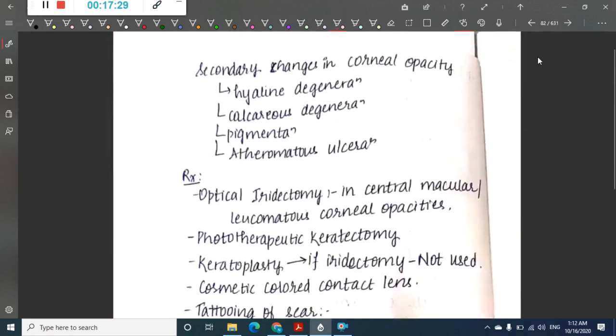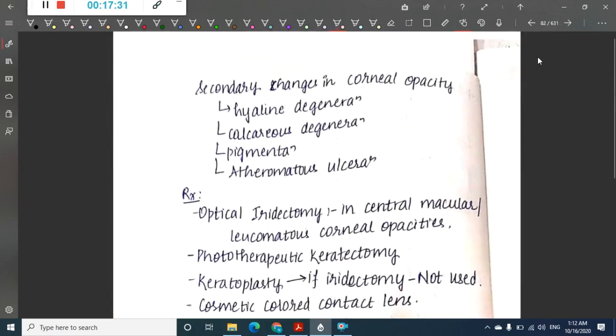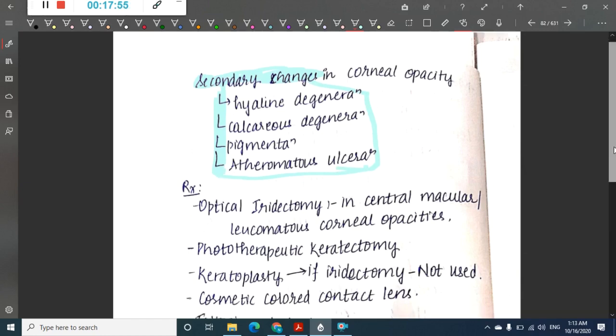Among them, the most important are leukoma, macula and nebula. Now, what are the secondary changes that occur in corneal opacity? Secondary changes like hyaline degeneration, calcareous degeneration, pigmentation and erythematous ulceration can occur.